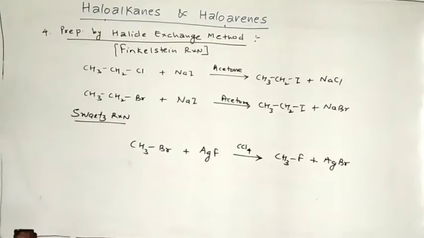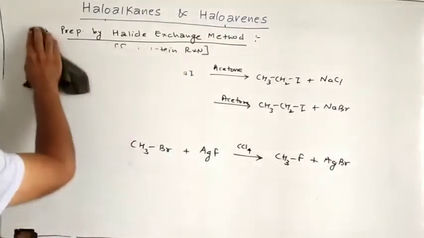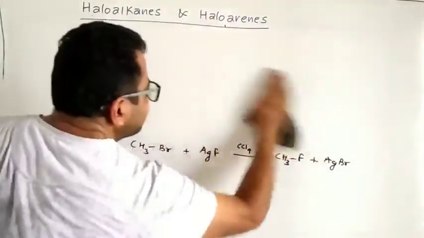So this is called Swarts reaction. This is also a halide exchange reaction. Otherwise, direct preparation of alkyl fluoride is tough, as I told you, because this reaction is explosive.